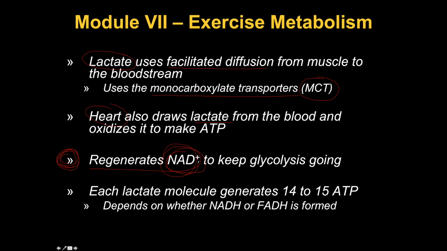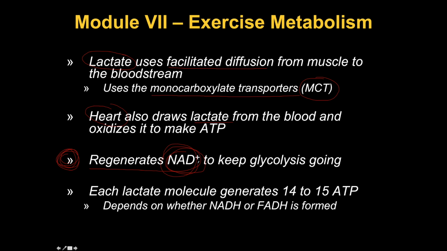That would also shut down glycolysis. So in order to keep glycolysis going, we very cleverly take pyruvate, strip off the two hydrogen ions that are on NAD, tack them on the pyruvate, and we form lactic acid. And so by doing that, we make more NAD available so that we can keep glycolysis running. So that's a really, really important point, that lactic acid is an important part of exercise.